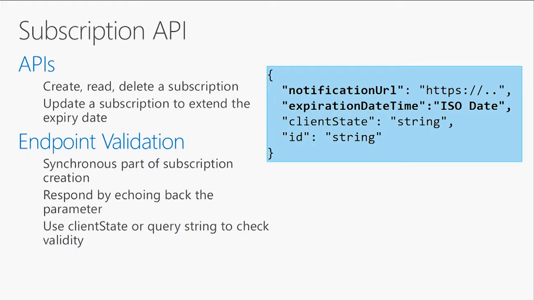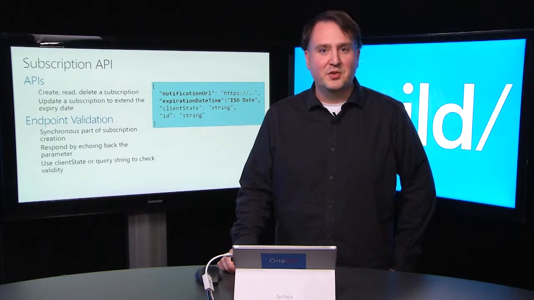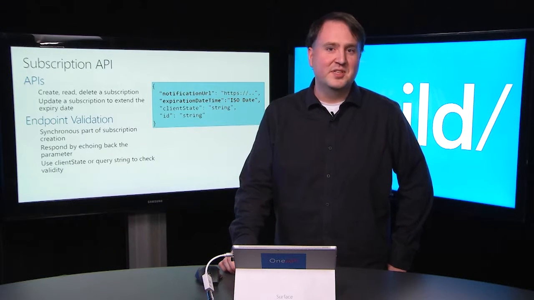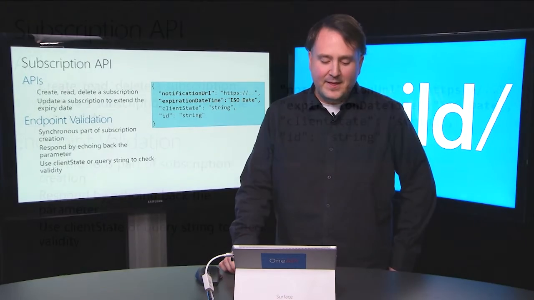We currently have a 90-day limitation for how long a subscription can maintain its state, but you can renew that subscription at any time. As for the endpoint validation that I mentioned before, when you first create a new subscription, we will post to the URL you provide with a validation token that you return back to our service to make sure that you aren't using the webhook function to spam random websites.